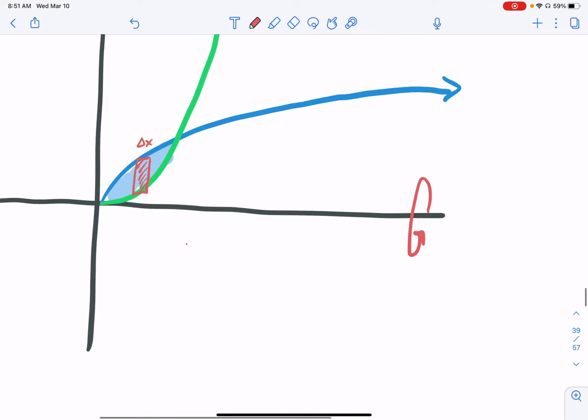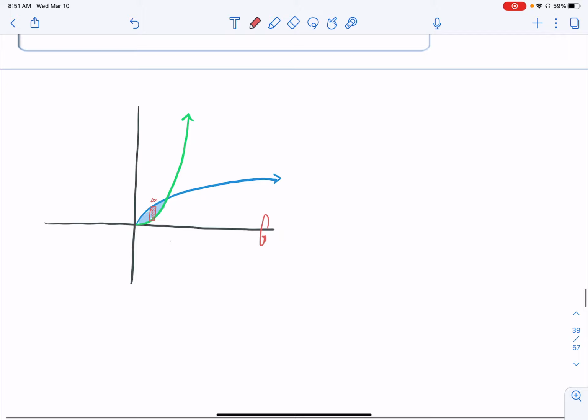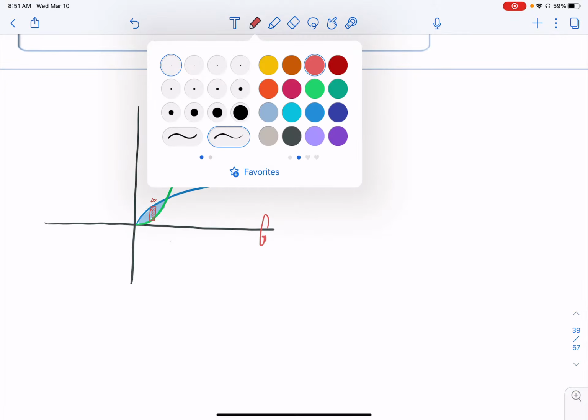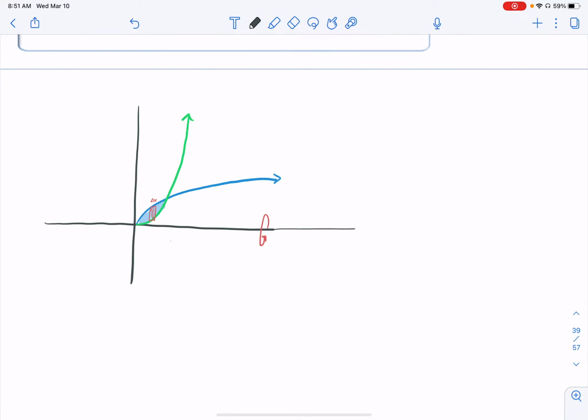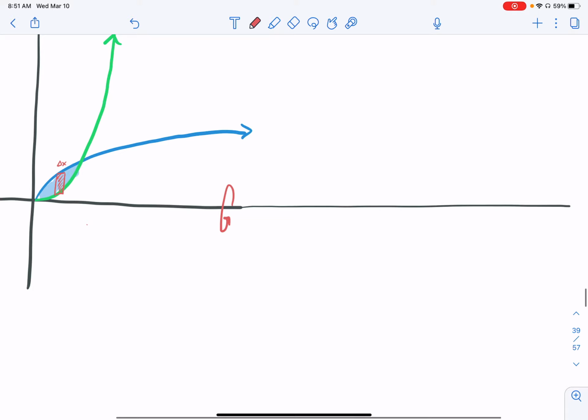And as I did in that other video, I think it's a little easier to visualize if I draw this over here. So here is the little rectangle that I am revolving around, and then turn this thing into a disk.